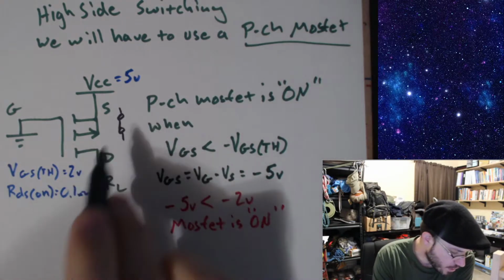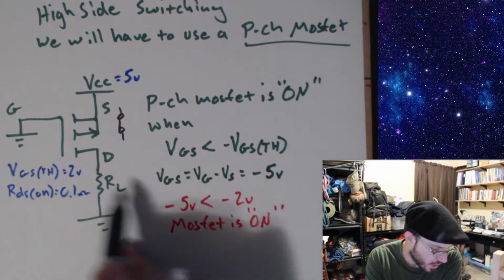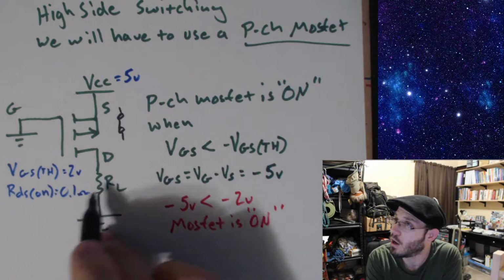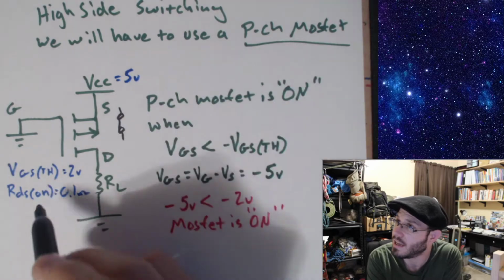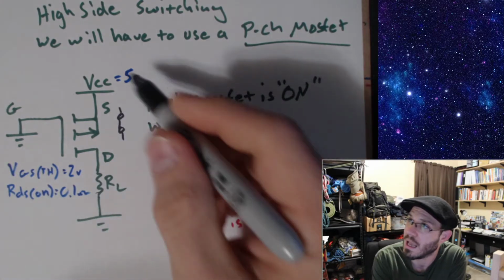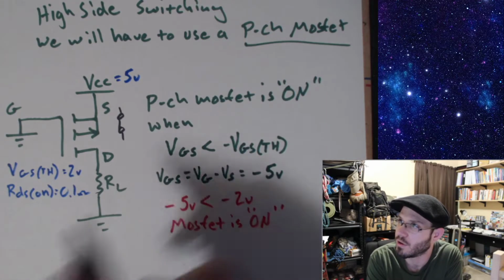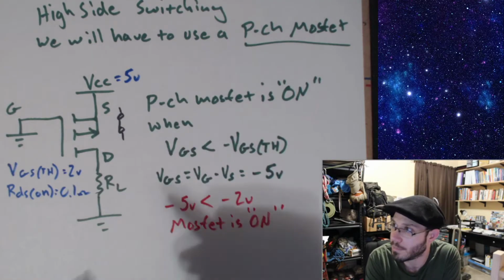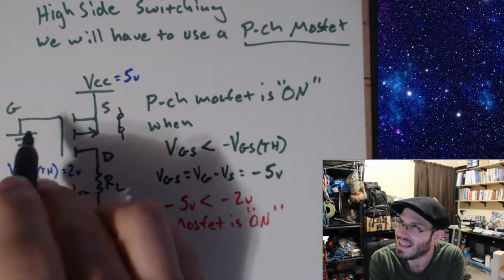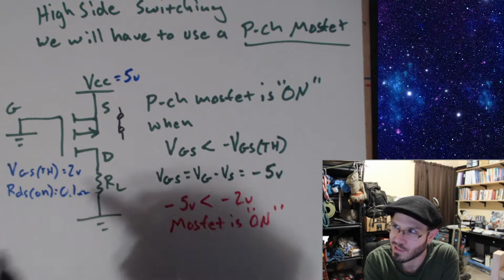Okay, so now you could go ahead and calculate all of your other stuff if you knew what your load was. You now know that this MOSFET should be behaving like a resistance of 0.1 ohms between the source and the drain. You can calculate your current going through there, figure out your voltage drops, your power, all of that. But the MOSFET is on when the gate is tied to 0 volts.